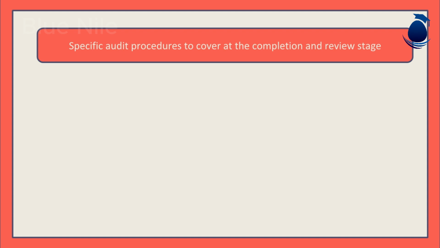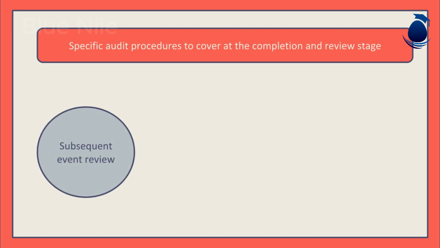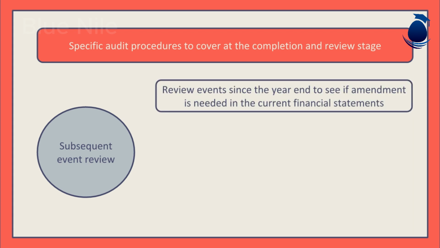The auditor has some specific audit procedures to carry out at the completion stage. Subsequent event review is one of these areas to cover. This is where the auditor reviews events that have occurred or come to light since the year-end. They must consider whether there should be amendments made to the financial statements.